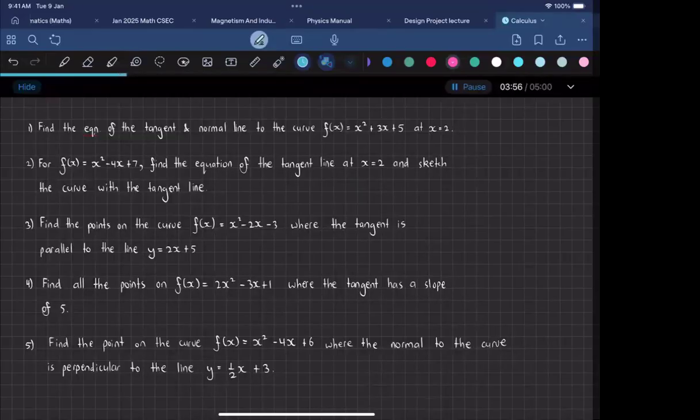So you have a curve, and the tangent. We don't know where the tangent is, but it's saying the tangent is parallel to the line y is equal to 2x plus 5. If two lines are parallel, what do we know about them? Try to remember, if two lines are parallel.